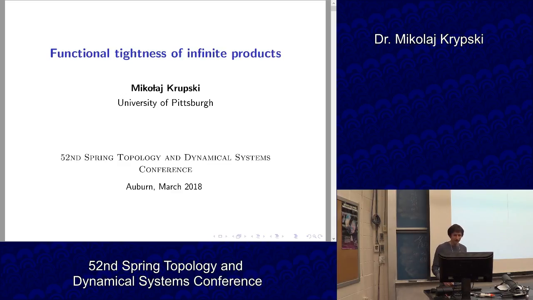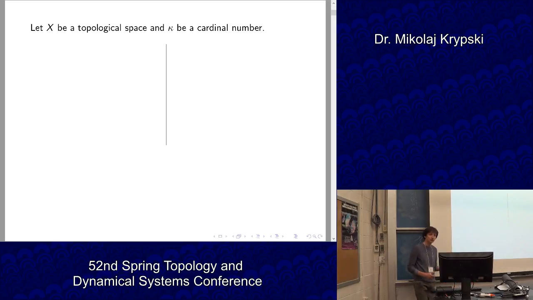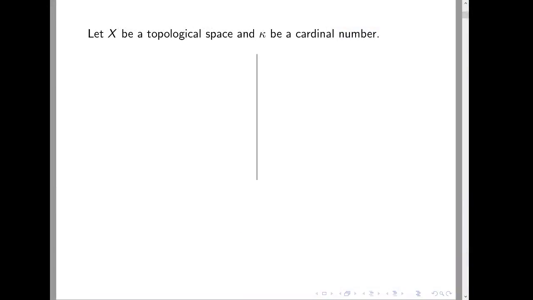So since this is, as I said, a natural modification of tightness, let me recall the standard notion of tightness first. I'll do it through so-called kappa-closed sets. This is not a standard way of introducing tightness, but there is a reason I'm going to do it this way.